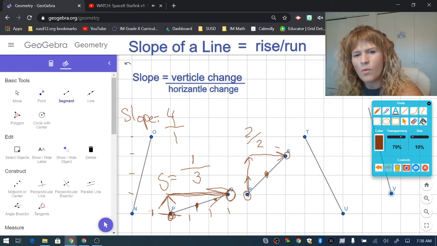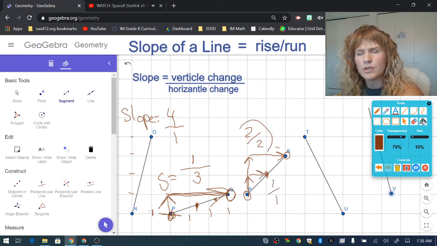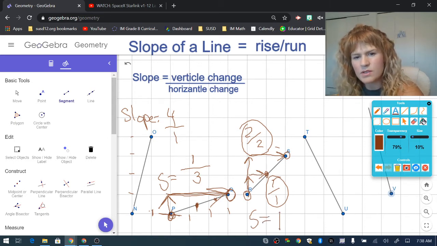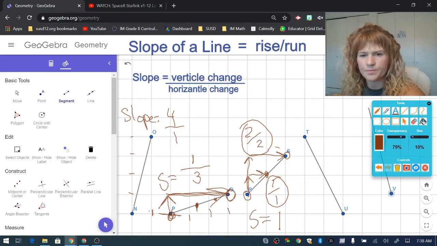So then you would get 1 unit up and 1 unit over, and that's 1 over 1, which is equal to 2 over 2. 2 over 2 equals 1 over 1. Both of these simplify. The slope of this line equals 1. The ratio of rise to run equals 1.